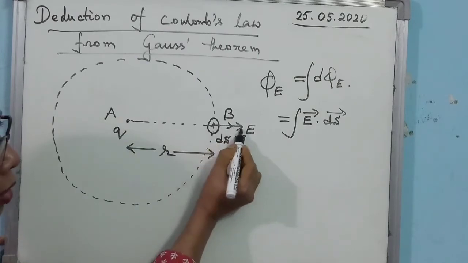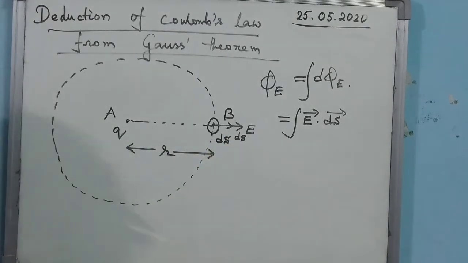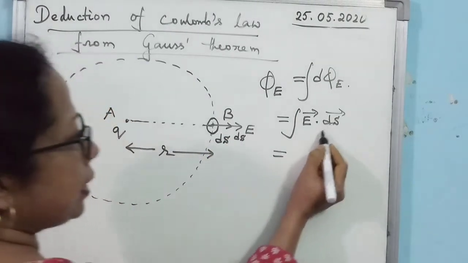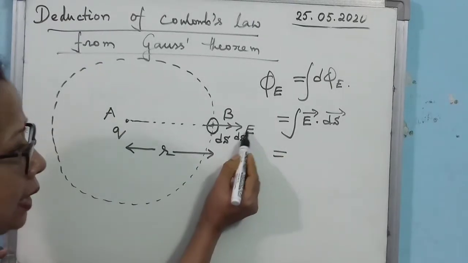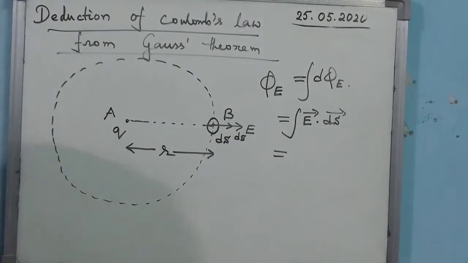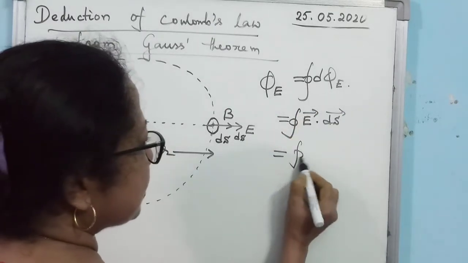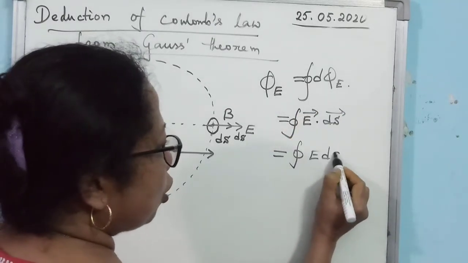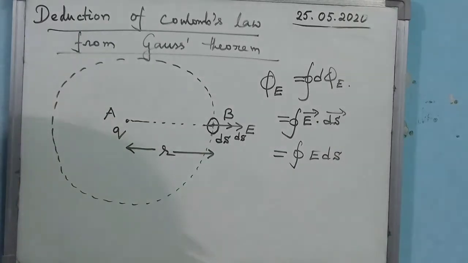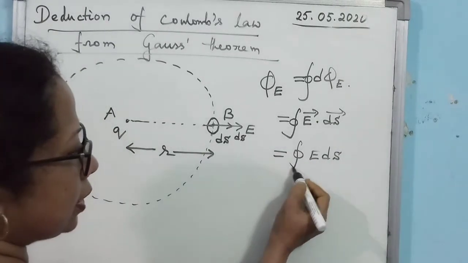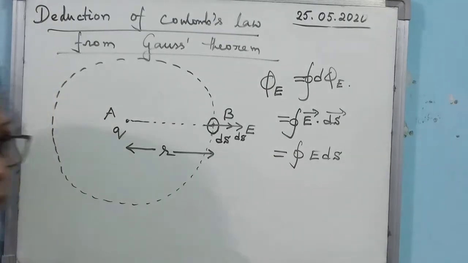It is also along the same line as E. So between E and ds the angle is 0, and one can write E dot ds as E ds cos 0 degree. Cos 0 degree is 1, so it becomes the integration of E ds.